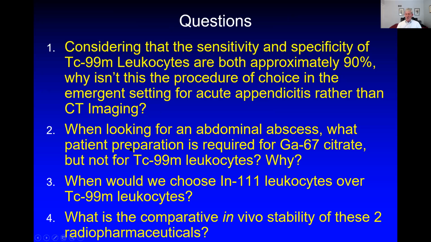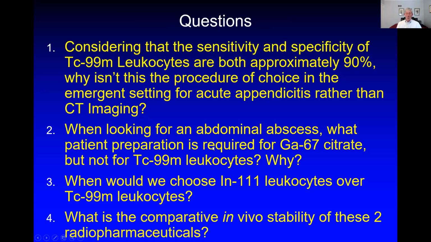Okay. So yes, that's the correct answer: we have to get the patients to do a bowel prep because unfortunately, gallium binds the fecal contents in the colon. We don't know why, but you don't want to call that hot stool sample a tumor or an abscess when you know what it is. It's just not. And so leukocytes do not bind to fecal contents.